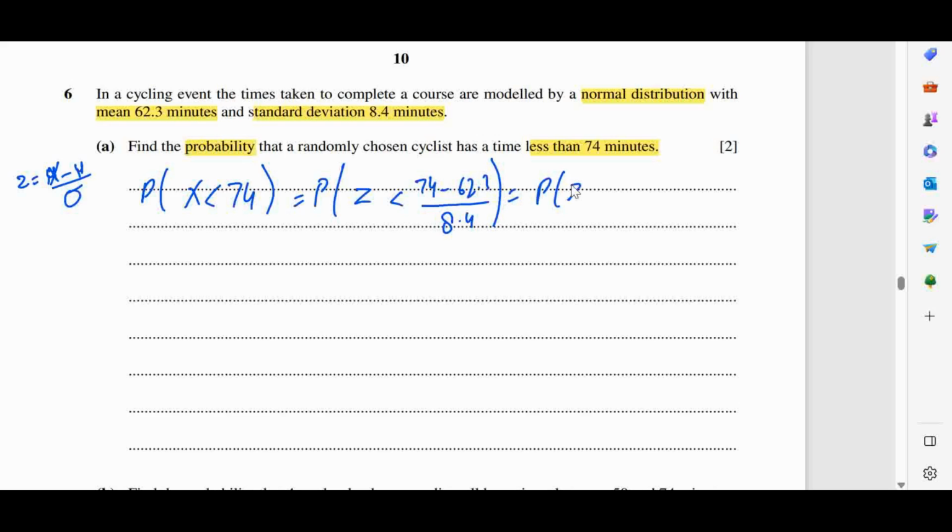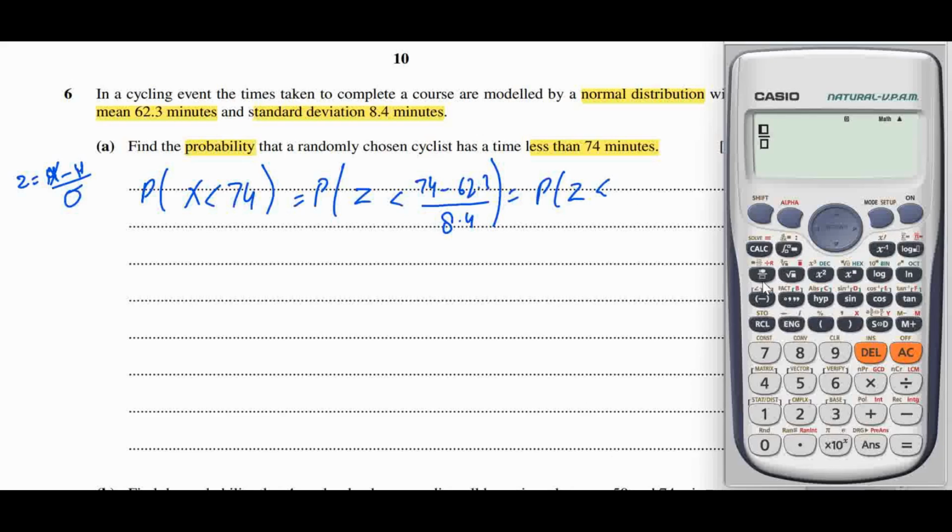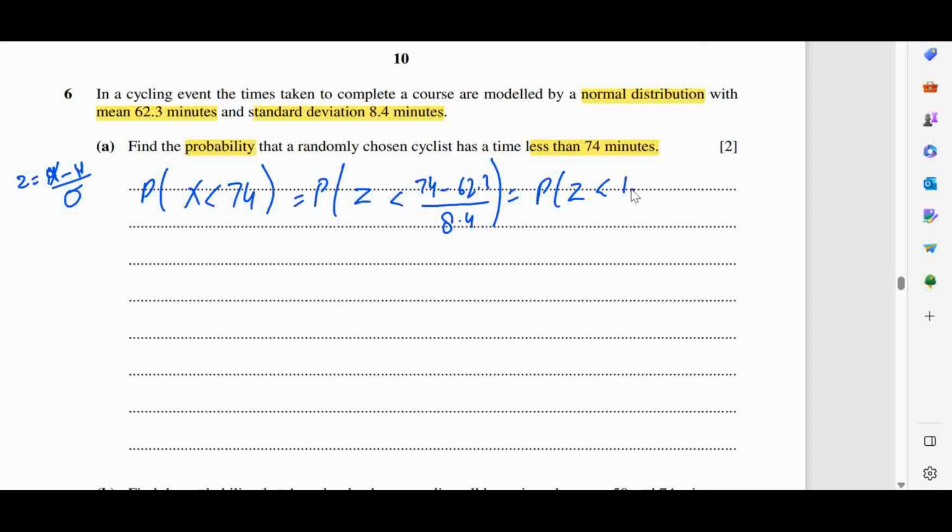So probability of z less than, now let's use the calculator. 74 minus 62.3 whole divided by 8.4. Now this will be equal to 1.3939 and so on. So we can say that this is 1.393. This is the value of z.